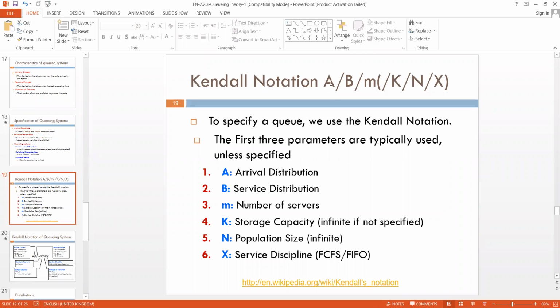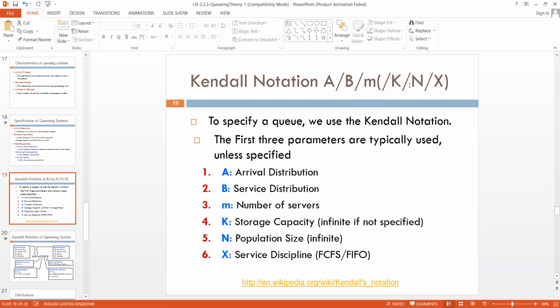Okay, we'll be looking at it shortly. So how do arrivals occur? And then how is service also done? Then over here we have the number of servers available. Okay, for the third column. Then over here we have the storage capacity.